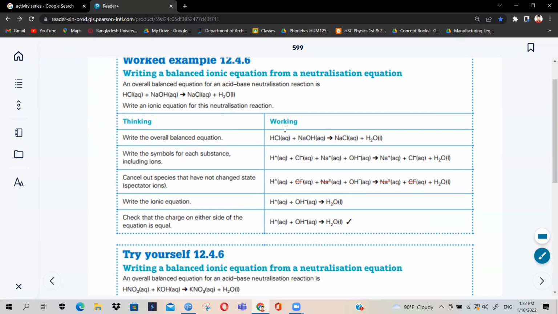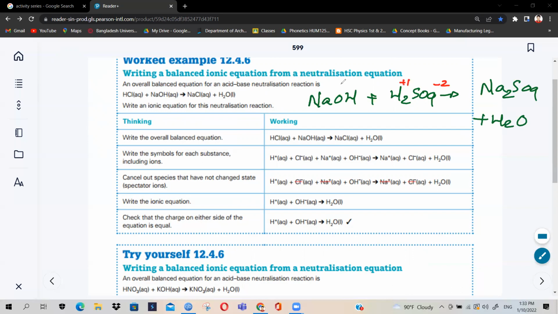But in case various valences are involved, say for instance, if I write sodium hydroxide plus H2SO4, obviously you understand that sodium sulfate plus H2O would be formed. But here you have to do some sort of balancing. Why? Because sulfate has a charge of -2, hydrogen has a charge of +1, hydroxide is -1, sodium is +1.